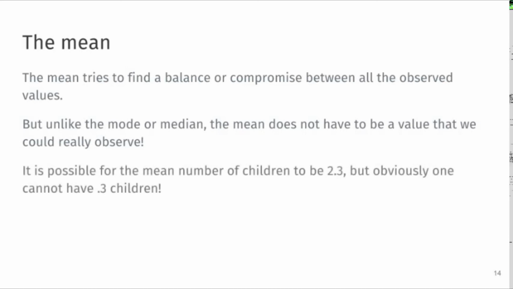A classic example of this is that while it is possible for the mean number of children in the United States to be 2.3, it is obviously impossible to have 0.3 children. You can only have whole numbers of children. So the mean may be a useful summary, but that doesn't mean that it's necessarily the best guess for a value that you might observe.